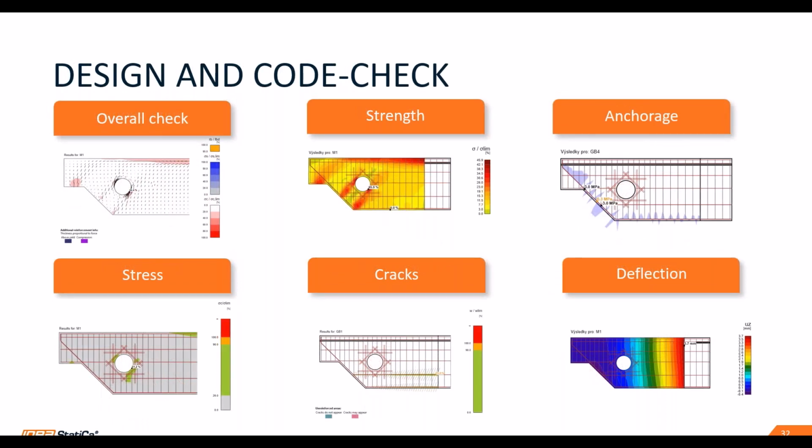That includes overall checks, strength checks, anchorage of reinforcement, crack determination, deflection, as well as stresses. What detail does correlates very nicely to the strut and tie method, but using finite element analysis. It takes the strut and tie method out of hand calcs and lets you apply it in a piece of software.